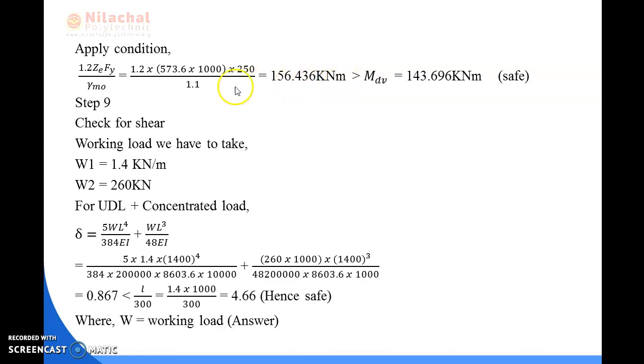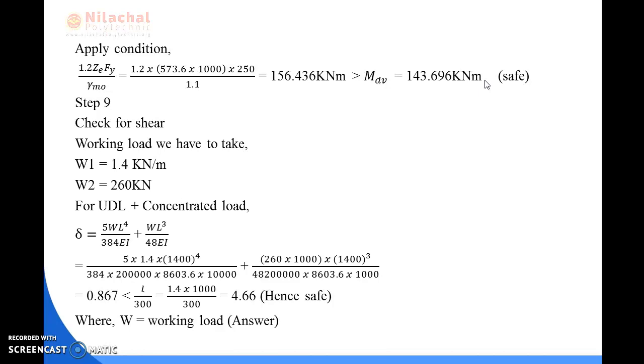Now you can see 156.436 kilonewton meter is greater than the MdV value, that is 143.696 kilonewton meter. Hence the condition is satisfied. So we can say that the suitable section is safe for the design purpose.